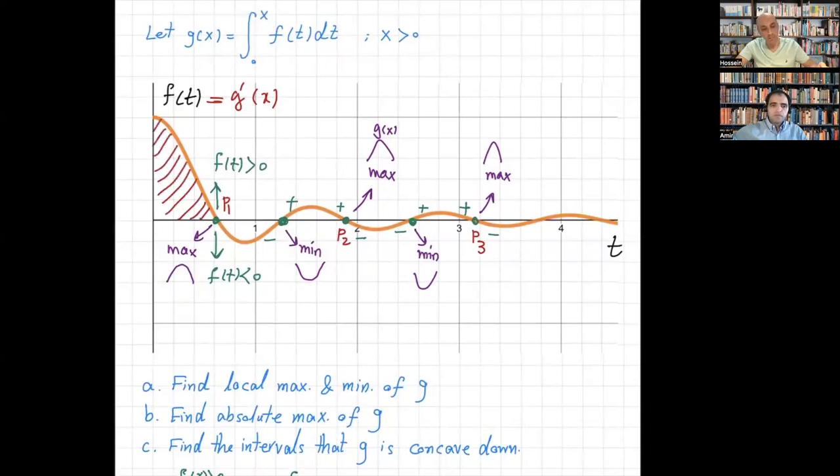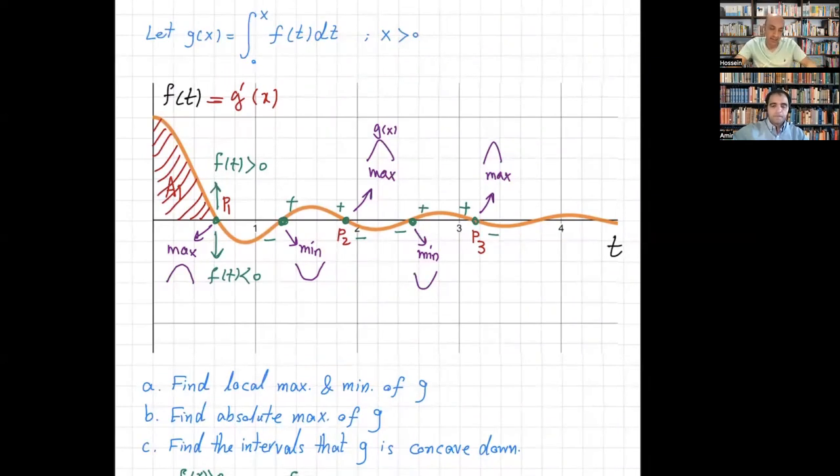Let me call this A1. We look at this qualitatively because we don't know exactly where P1 is on the t-axis.